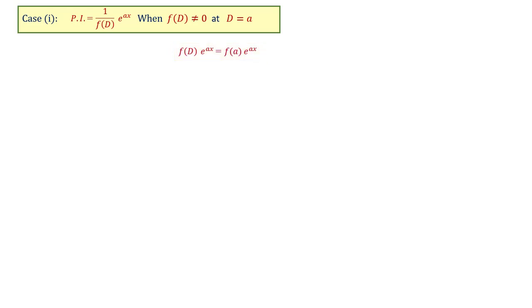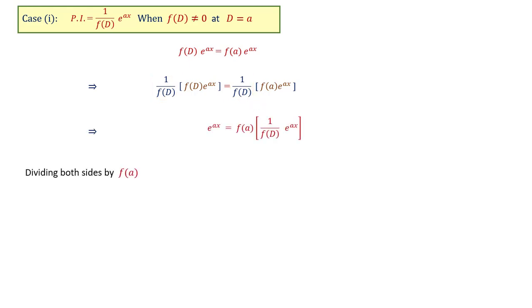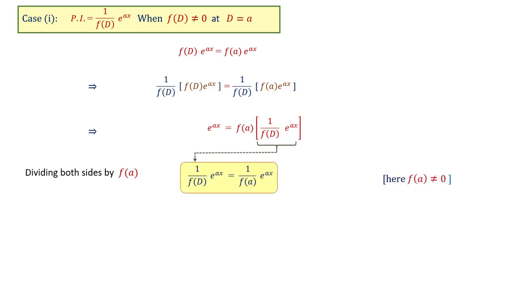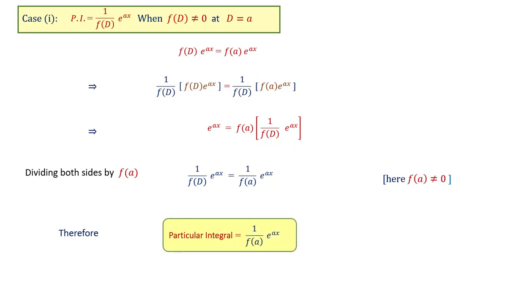Now operating on both sides with 1 upon f(D), and dividing both sides by f(a), we get 1 upon f(D) e power ax is equal to 1 upon f(a) e power ax. Here f(a) is not equal to 0. Therefore the particular integral is equal to 1 upon f(a) e power ax.